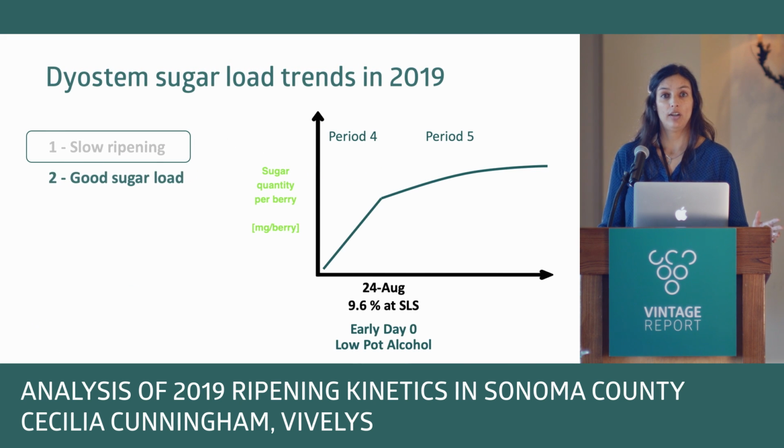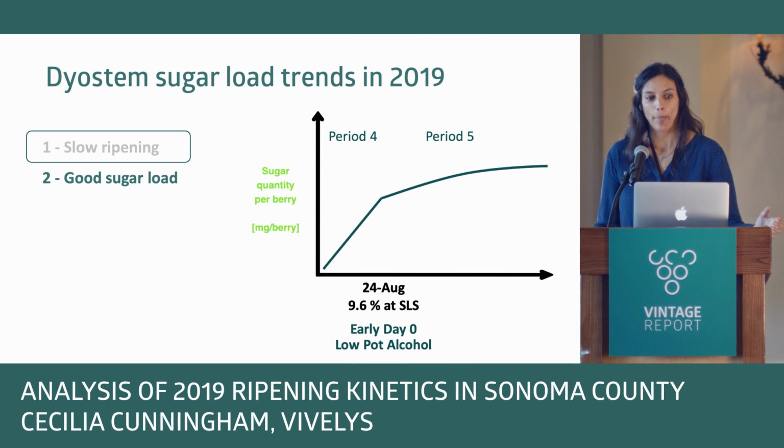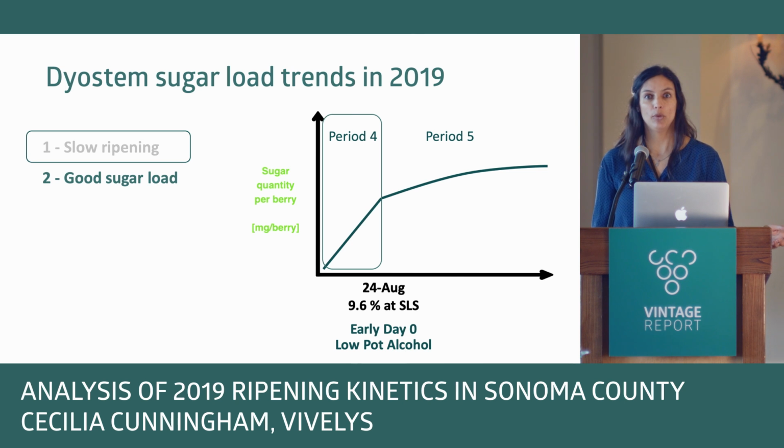For the blocks that were in slow ripening, these 40% of the blocks that we analyzed, we found that during period 4, the conditions really affected the synthesis, and we ended up with a shorter load with a lower amount of potential alcohol, or lower amount of sugar. These blocks were really affected by the conditions that Thibaut was mentioning before.